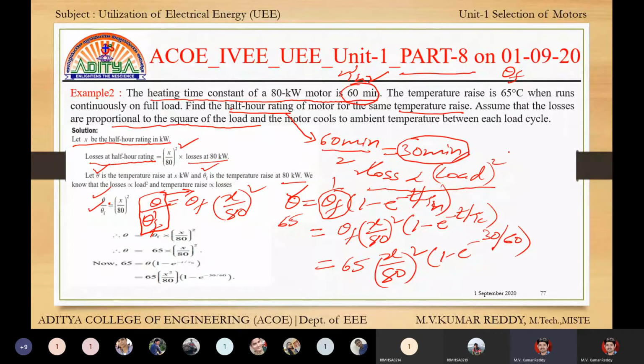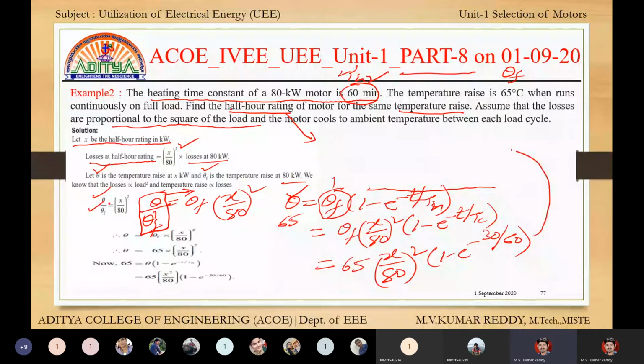Now 65 cancels, and 1 is equal to x square by 6400 into (1 minus e power minus 0.5).